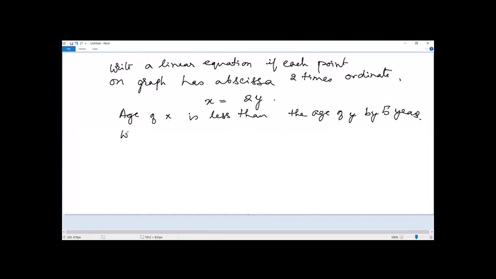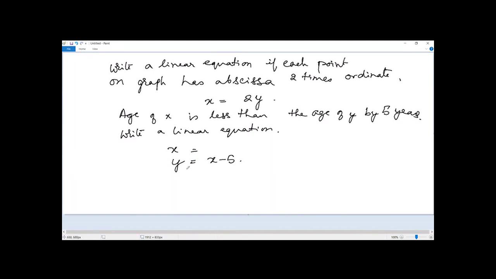Write a linear equation. Ma'am, x is equal to y minus 5.